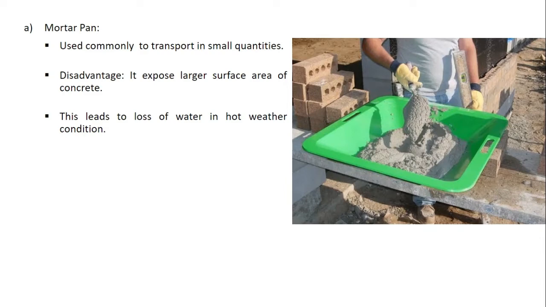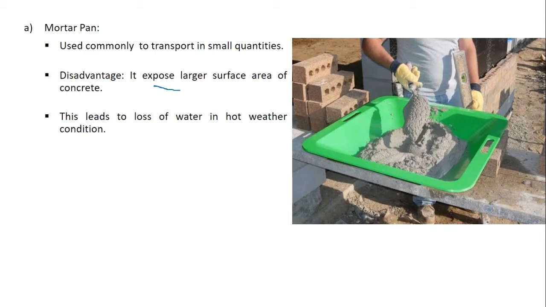This is made up of plastic or steel, and the advantage is it is very much useful to transport a small amount of concrete from one place to another. Okay, when you want to transport a little amount of concrete or little amount of cement mortar, you can use this, but the issue is it is exposed to the atmosphere.